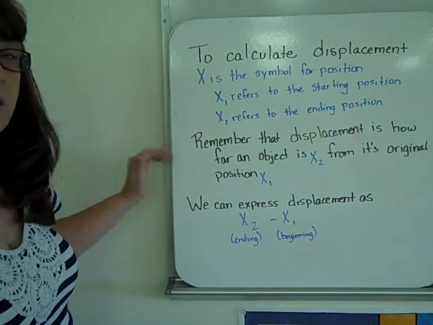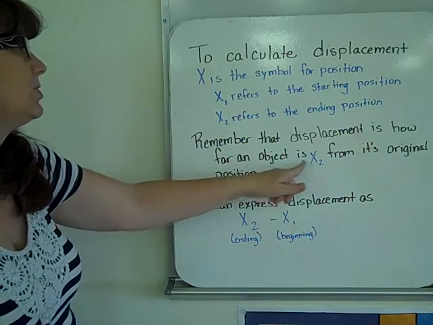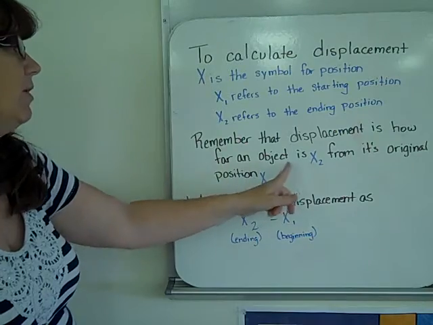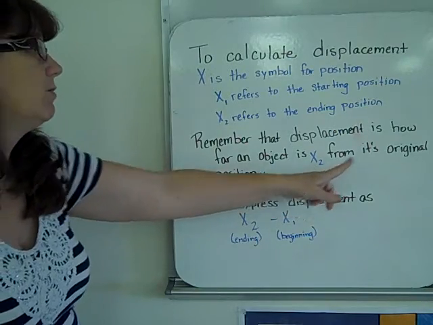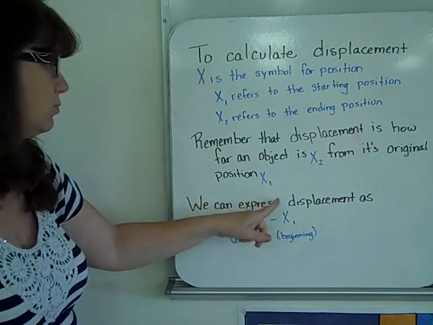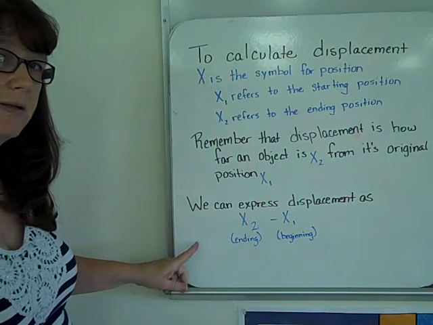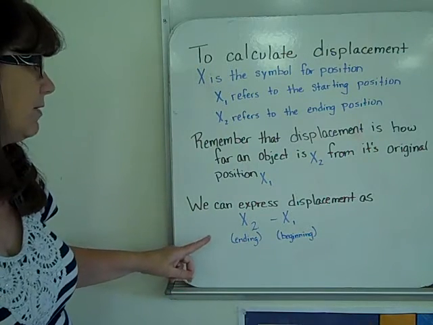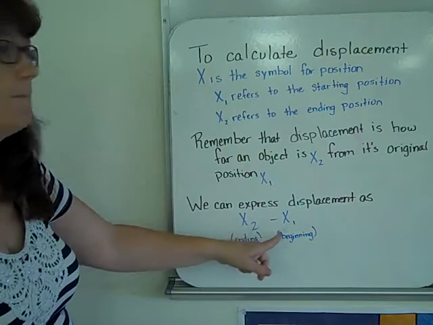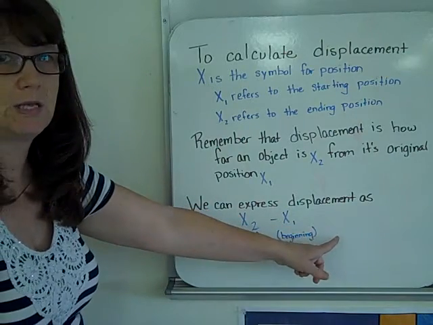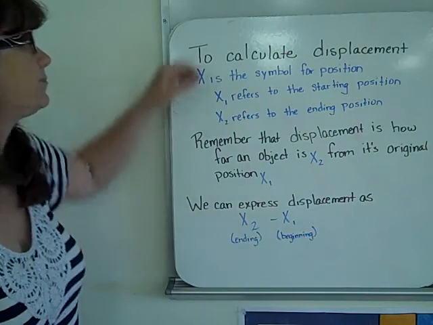Okay, so remember we said that displacement is how far an object is, x2, from its original position, which is x1. So we can express displacement in an algebraic equation: x2 minus x1 is going to equal our displacement.